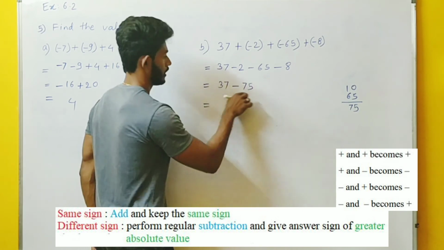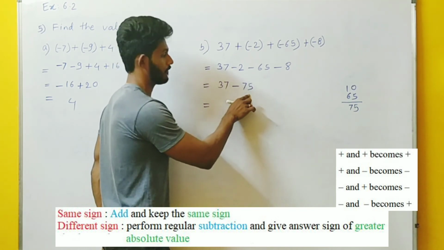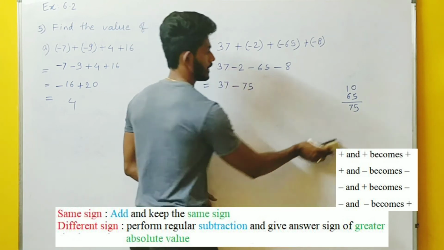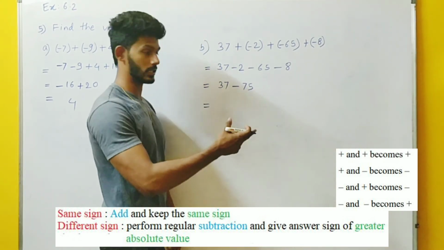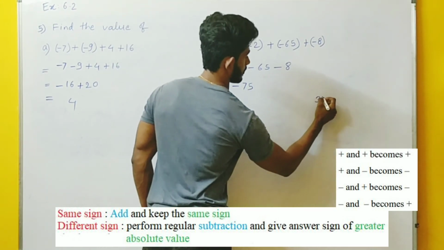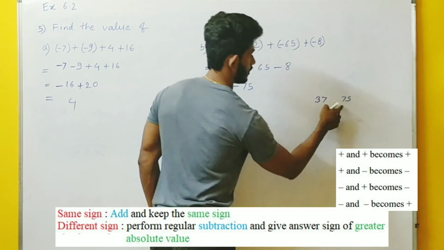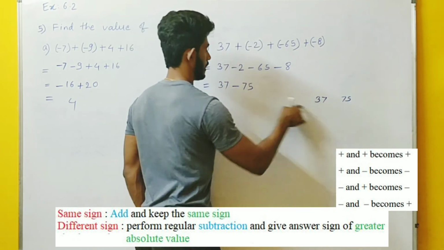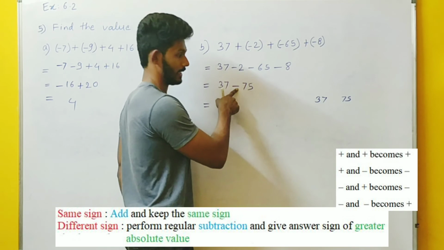Now different sign, then we are going to subtract the numbers and the answer will have the sign of the greater number. So now let's compare this number 37 and 75. We are only comparing the absolute value, it means we are ignoring the sign.